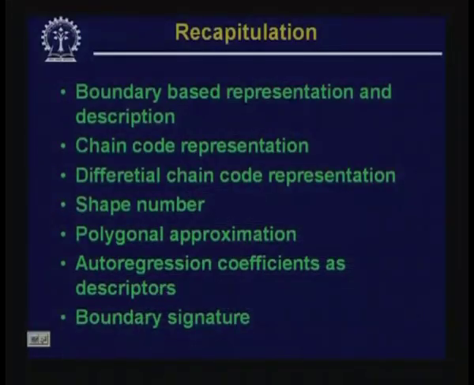So, the first kind of boundary representation method that we have talked about is a chain code representation, and we have also seen that the chain code representation by itself is not scale independent or rotation independent, though it is translation independent.